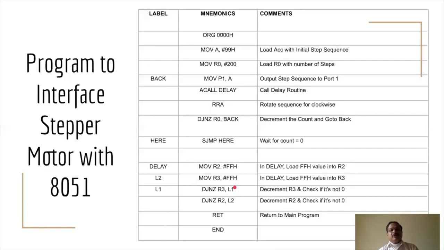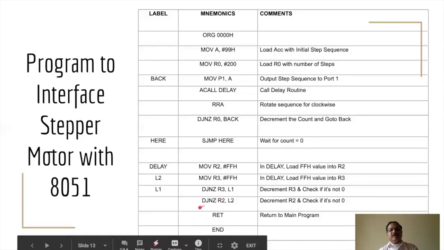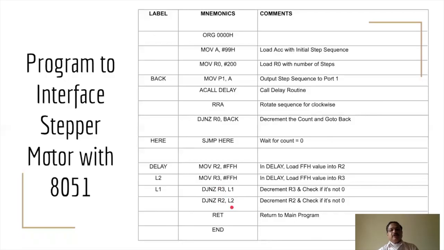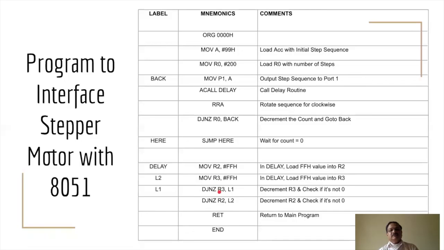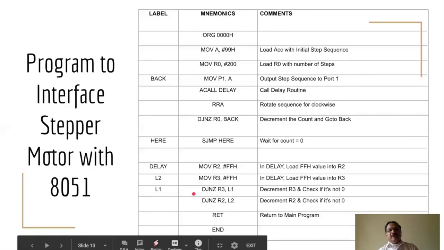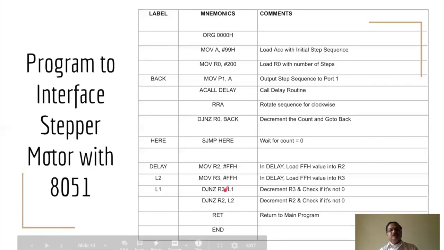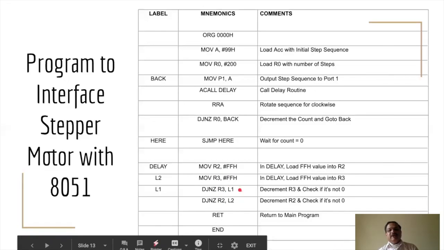Once R3 becomes 0, it will go to the next instruction, that is again DJNZ R2. If it is not 0, go to L2. It will again reload R3, then again decrement and jump if not 0 R3, and that loop will be executed. So this will be repeated till R2 becomes 0. So that is how the delay is introduced.